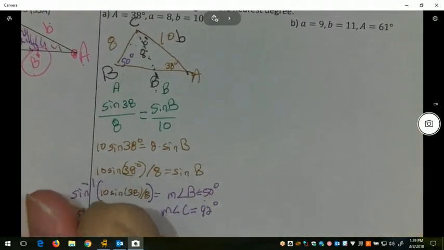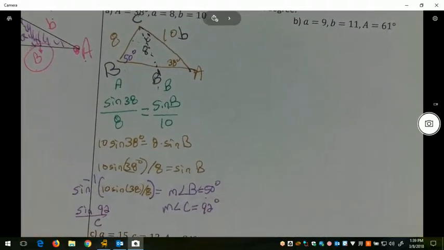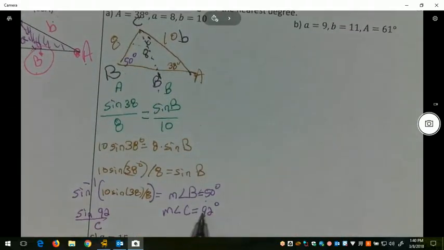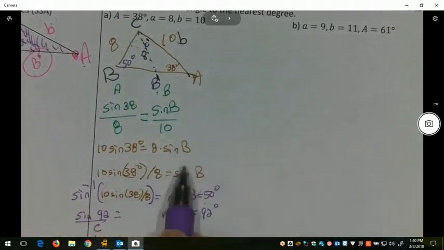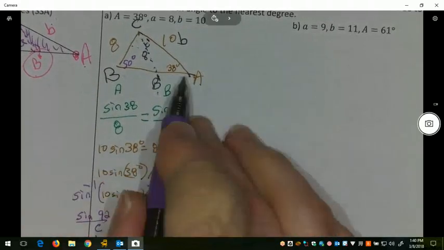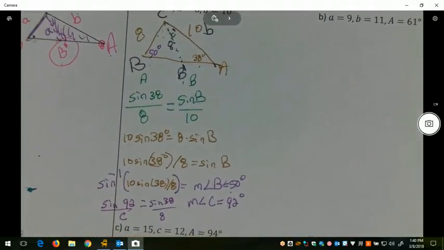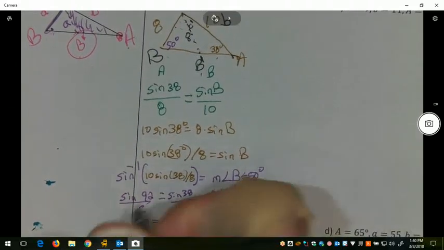And then to find side C, I would do sine of 92 over side C, actually not angle C, side C. Angle C being 92 degrees, over C, equals, I'll go back to sine of A, sine of 38 over 8. And here it's just as it was the first day of this lesson where I cross multiply and I'm going to divide to get C by itself.